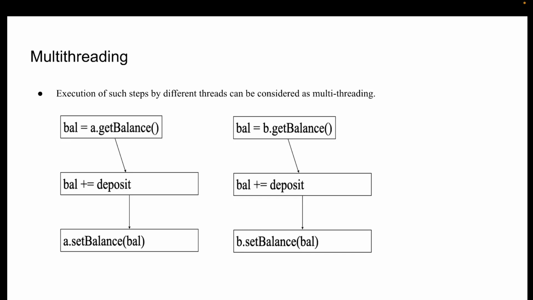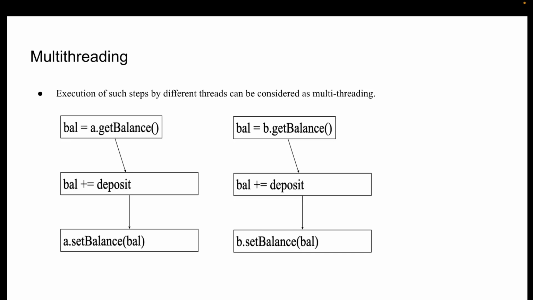Let's say one thread is trying to get the balance. Let's say we have 1,000 rupees in the bank account, and thread A has already seen that 1,000 rupees are there, and it tries to withdraw that 1,000 rupees from the bank account.